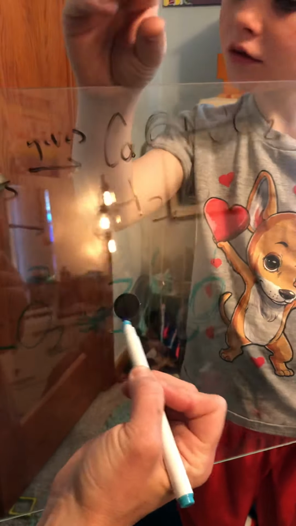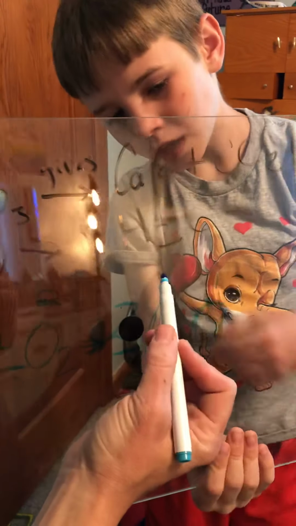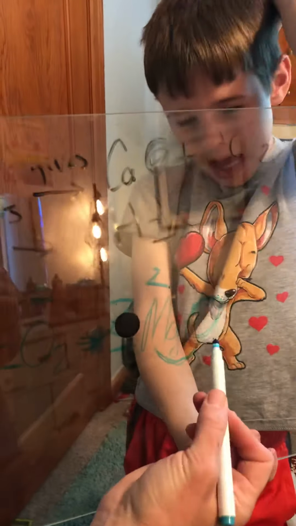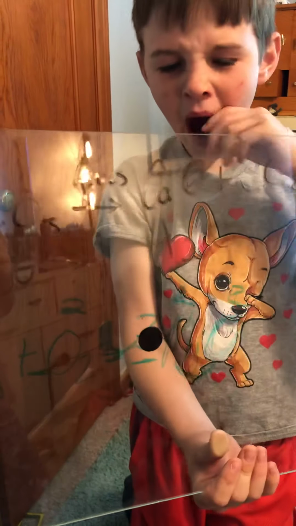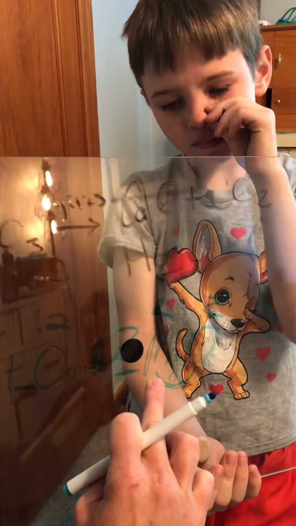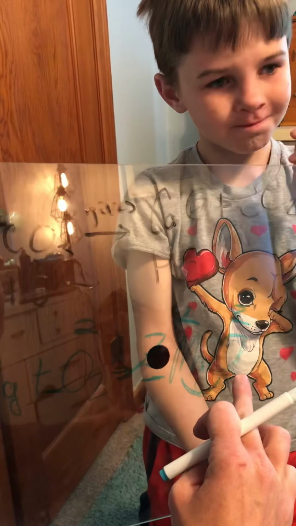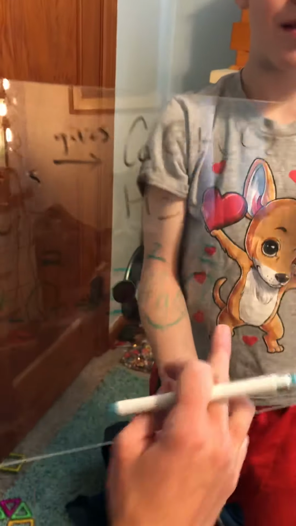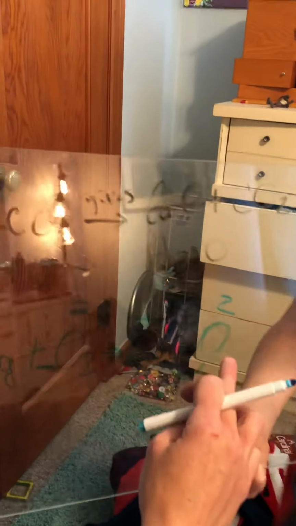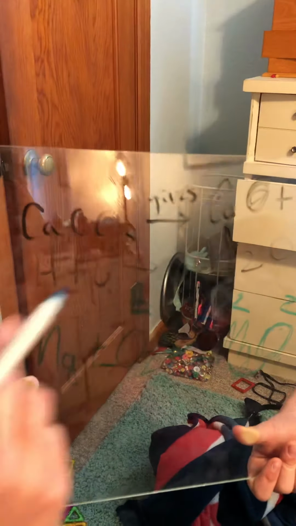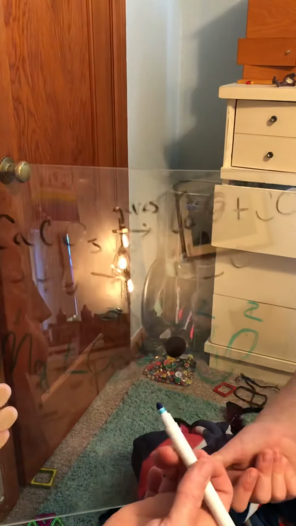If I put a 2 here, 2 times 1 is 2. But now I have a problem. I have 2 magnesium here and 2 oxygen here. After I have the 2 here, we'll just tape a piece of paper behind this tomorrow so you can see better.